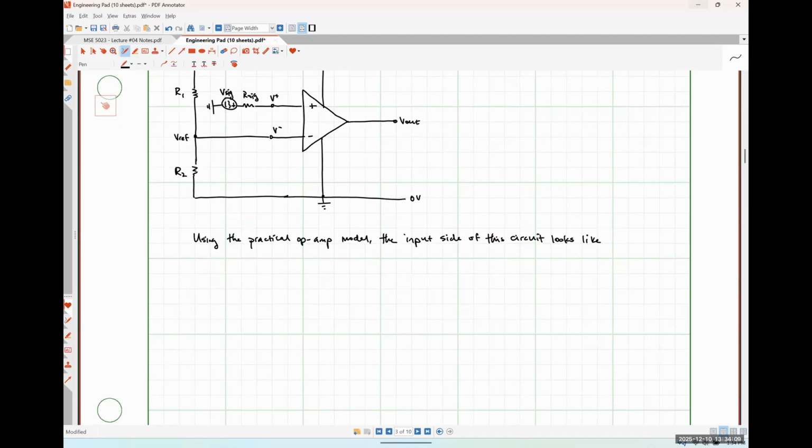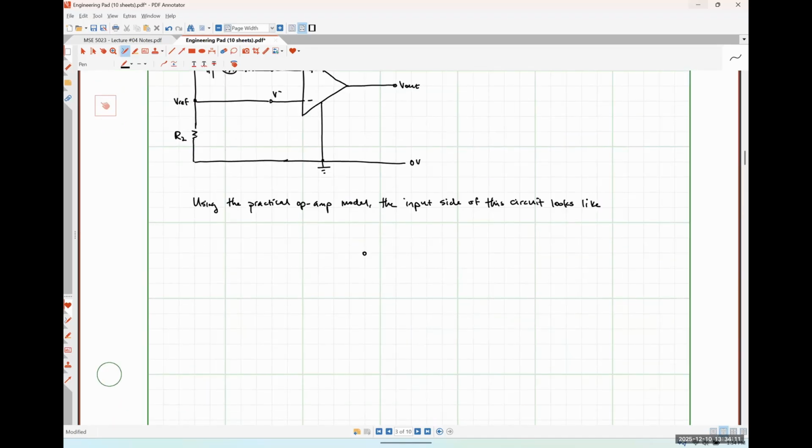Okay. So here's my input resistance for my op amp, right? And in all of the previous examples, we've used an input resistance of 1 mega ohm. That's what I'm going to continue to use here just for illustrative purposes, okay? So that's where that 1 mega ohm is coming from.